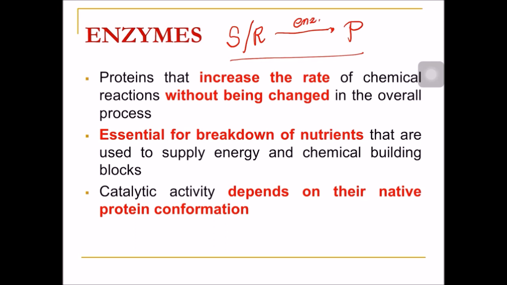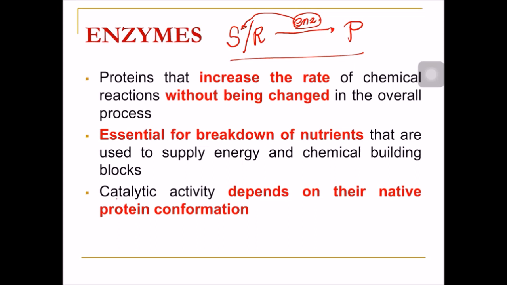Now, you have to realize that enzymes form a complex with substrate through temporary covalent bonding, and through temporary covalent bonding that causes dissociation after the reaction took place, making enzymes unchanged after the overall rate of chemical reaction.